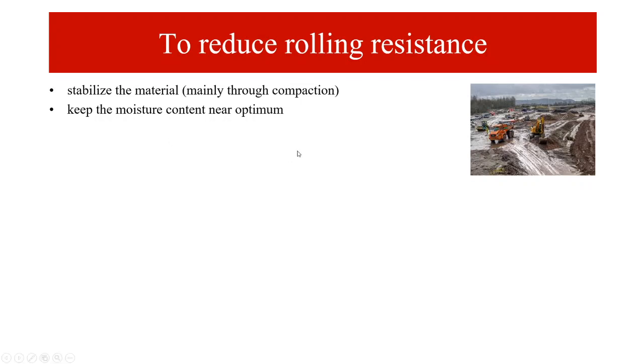We need the optimum moisture content. And you know why? Because at optimal moisture content, you get the best compaction, okay? And the better compaction you get, the more stable your soil is, and therefore there will be a lower rolling resistance. Okay.